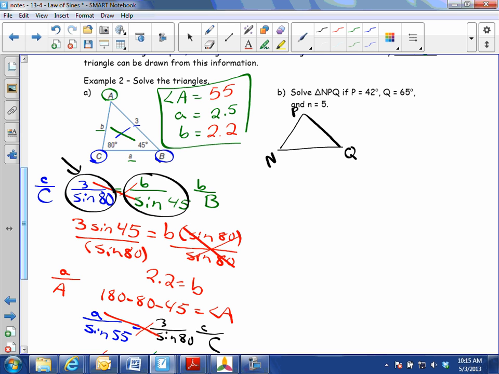So we know P is 42, Q is 65, and N is 5. So we don't know little q, little p, or angle N. That's what we're looking for.